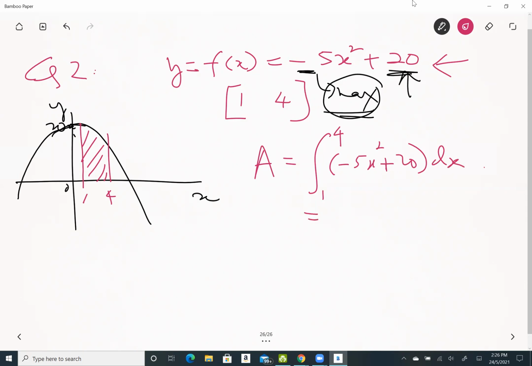I want you to finish it up. I give you 5 minutes. You get the integral, evaluate the value, and then determine the definite integral. Do it now.